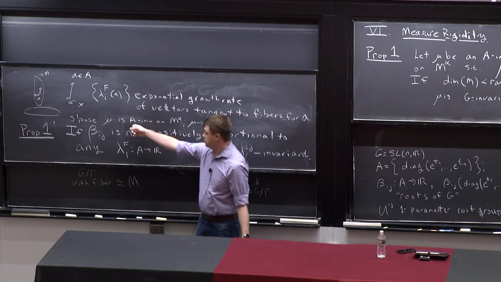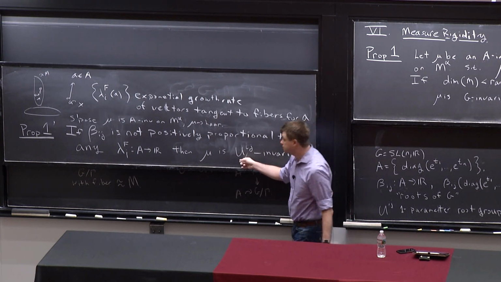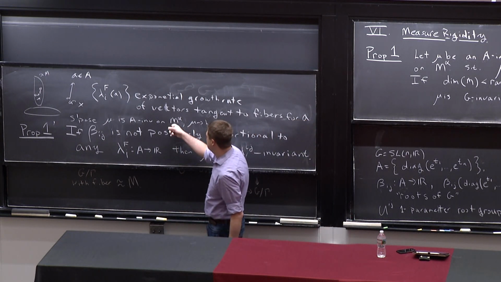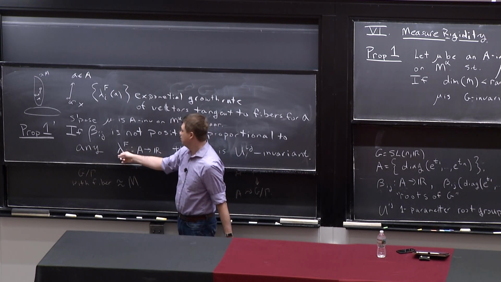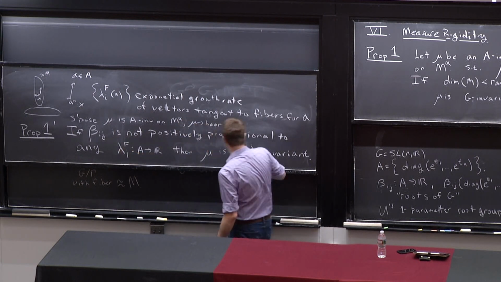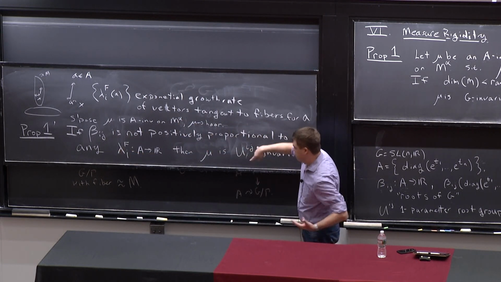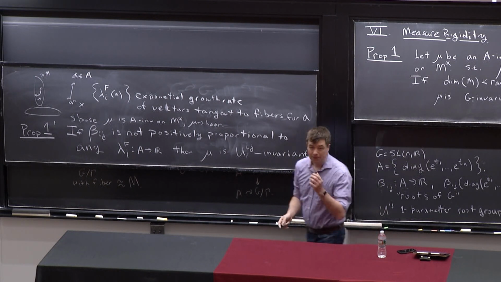All we assumed was that it was A invariant. Here we get that it's invariant under a lot of these unipotent groups. If the dimension of the fiber is really small, there's not very many of these objects, whereas there's a lot of these guys. And so then we could get invariance under a lot of these unipotents, and then we get invariance under the full group, which is how you can prove proposition 1.